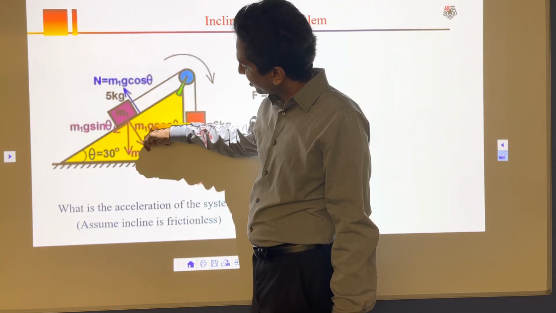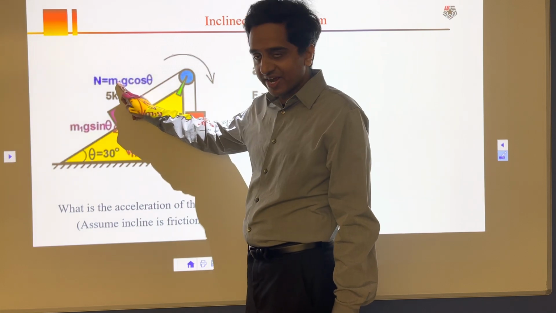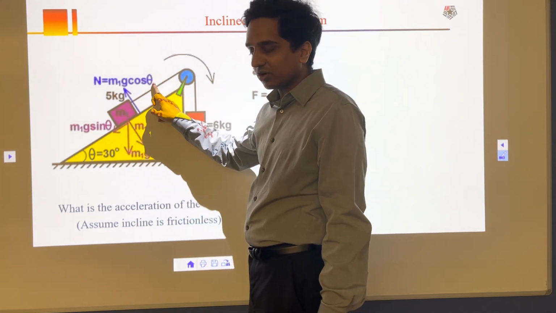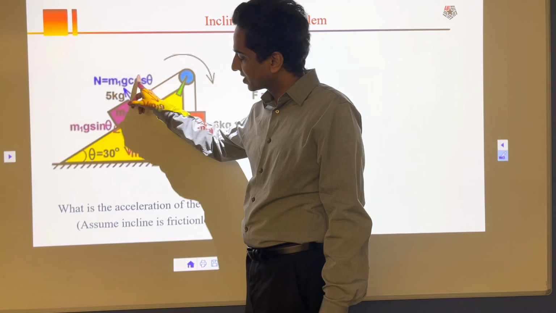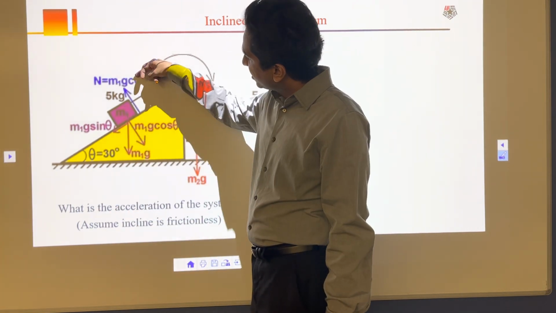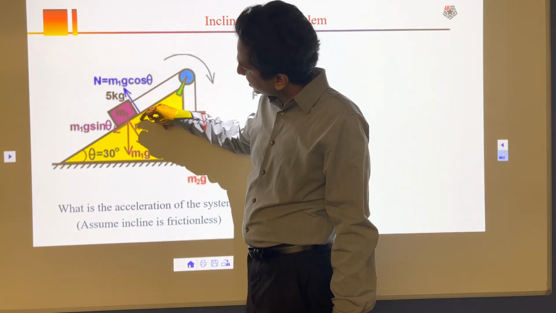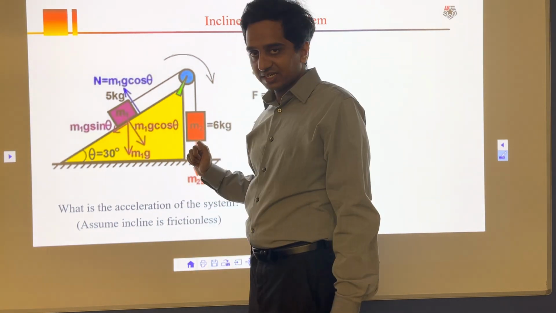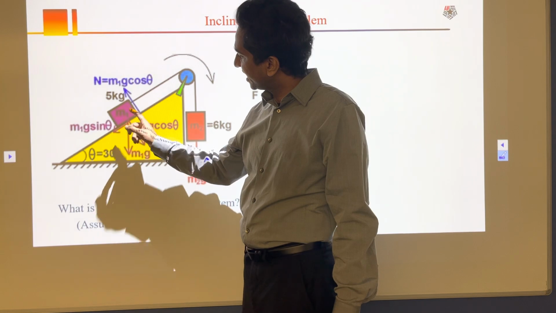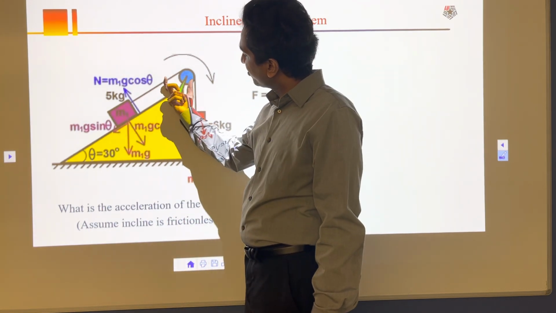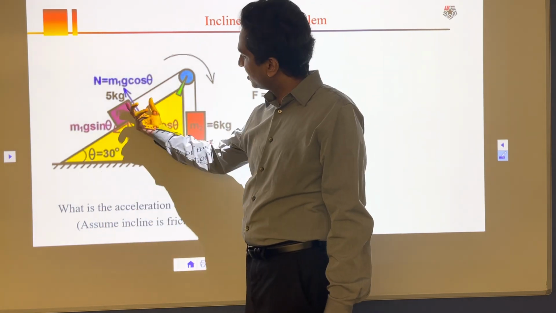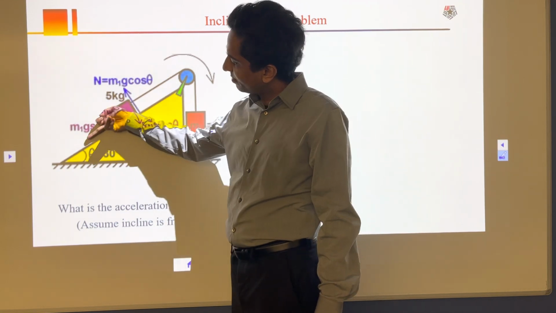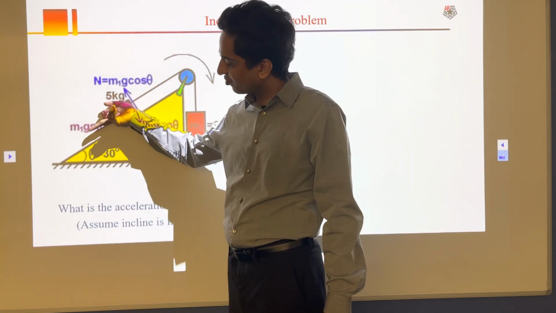Here, this m1g cos theta and the normal reaction from the surface are going to cancel each other out. What does it mean? This force in this direction will not cause any acceleration. There will be only one acceleration, as m1 will move in this direction on the smooth surface, and the resistance force will be in this direction.